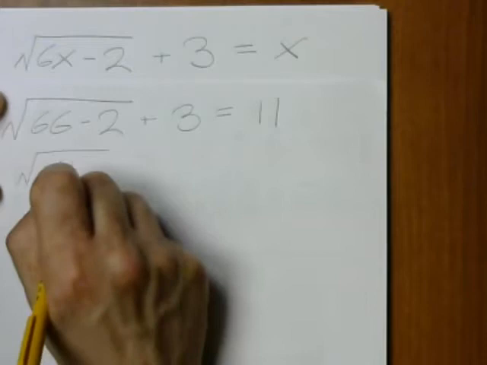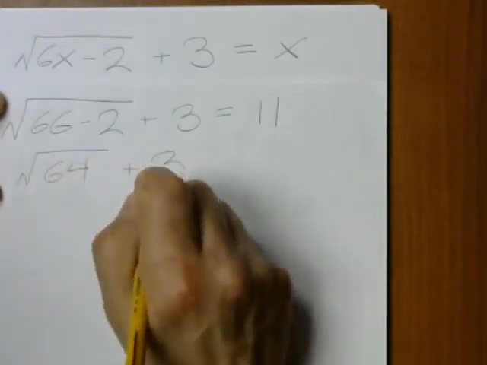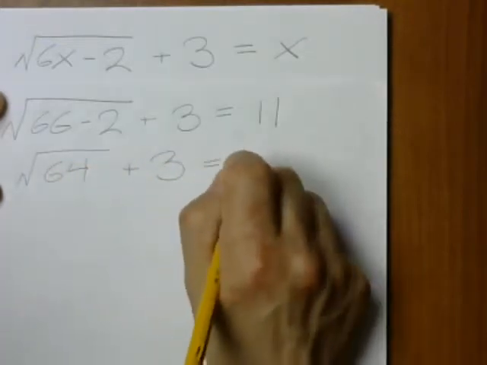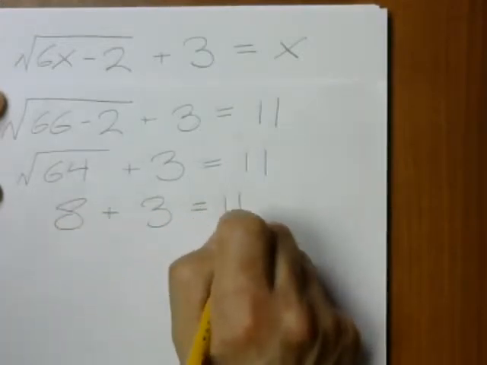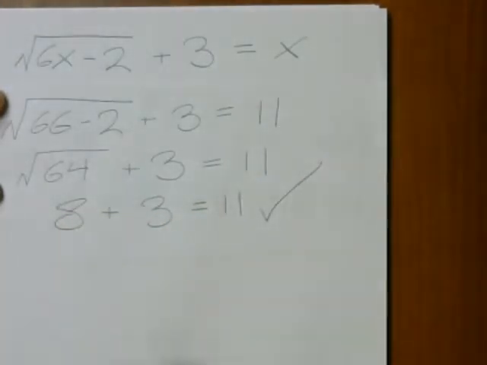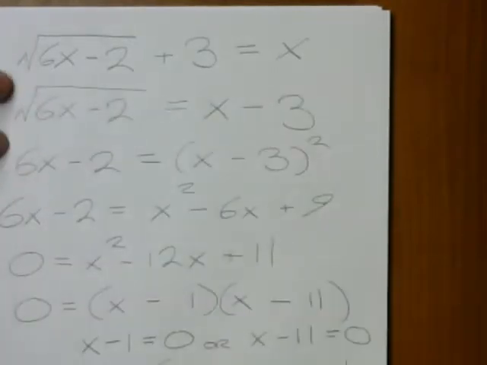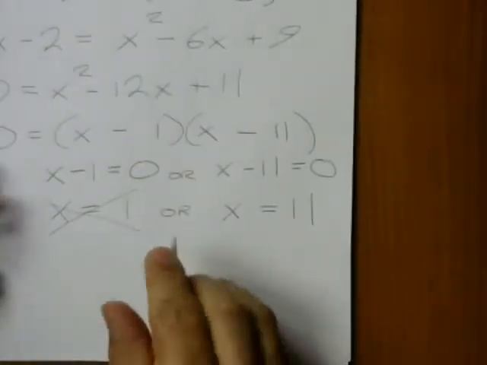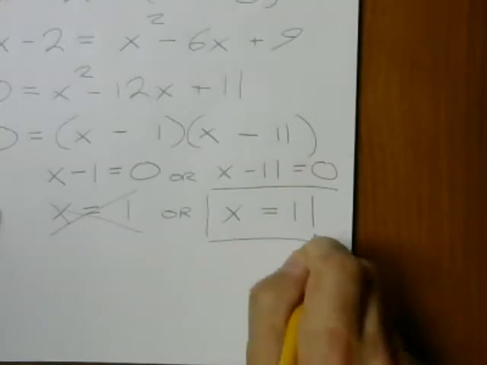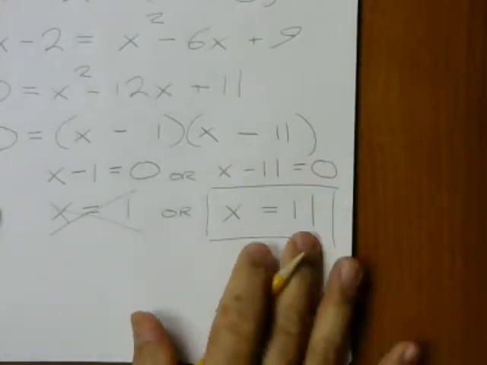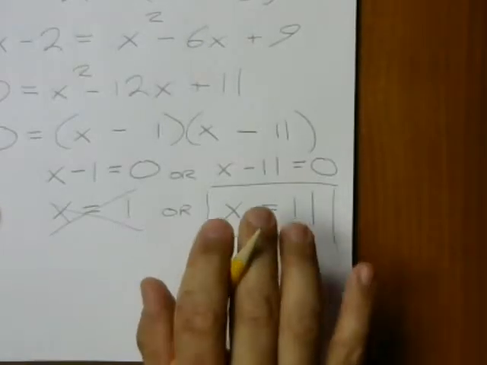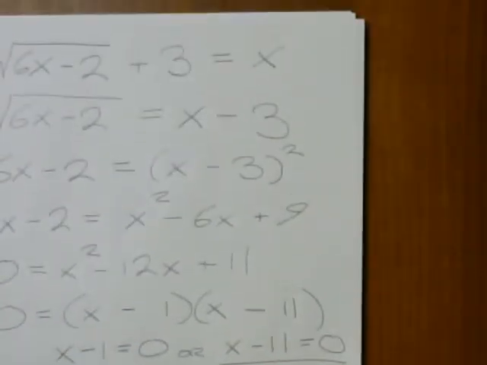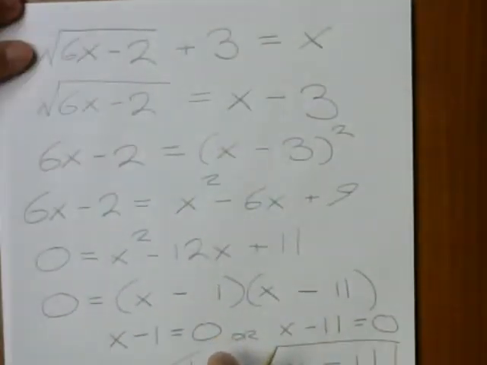Root 64 plus 3 equals 11. So is it true that 8 plus 3 equals 11? Sure it is. So because of that, I know this x equals 11 is an actual solution. And since these were the only two possibilities, we've now found all solutions to this original equation.